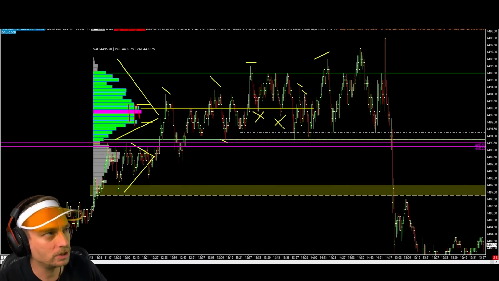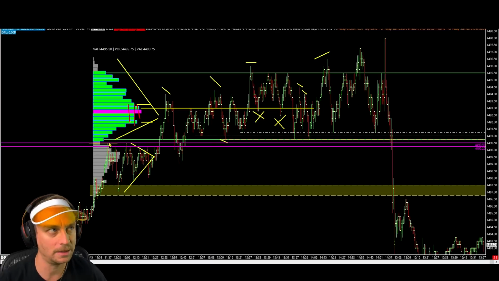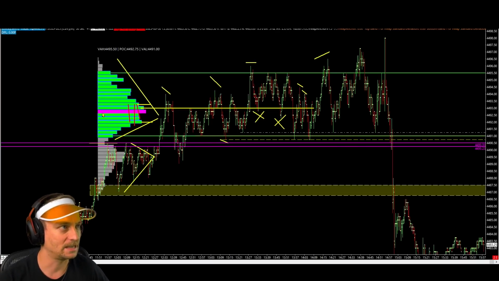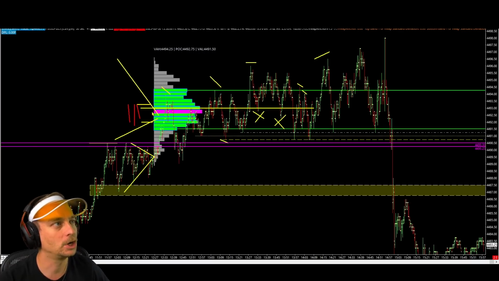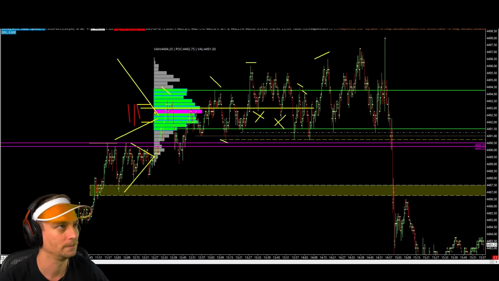Now there are two distribution curves here. Since that low node's there and there are two distribution curves, what I personally like to do is take this profile and bring it in until it looks like a curve. I don't want to see that second distribution curve. Now I know where the value area high and value area low is.